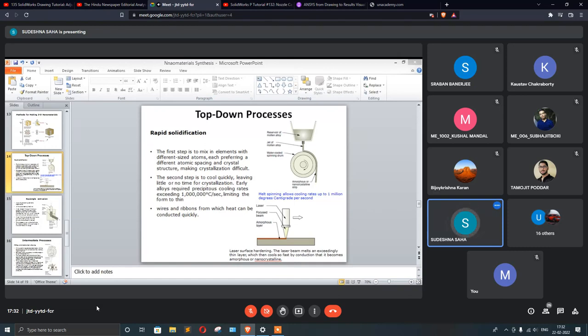So all these are bulk materials, but due to the incorporation of certain nanomaterials in them, their properties have been enhanced. That is the purpose of making these 3D bulk nanomaterials.